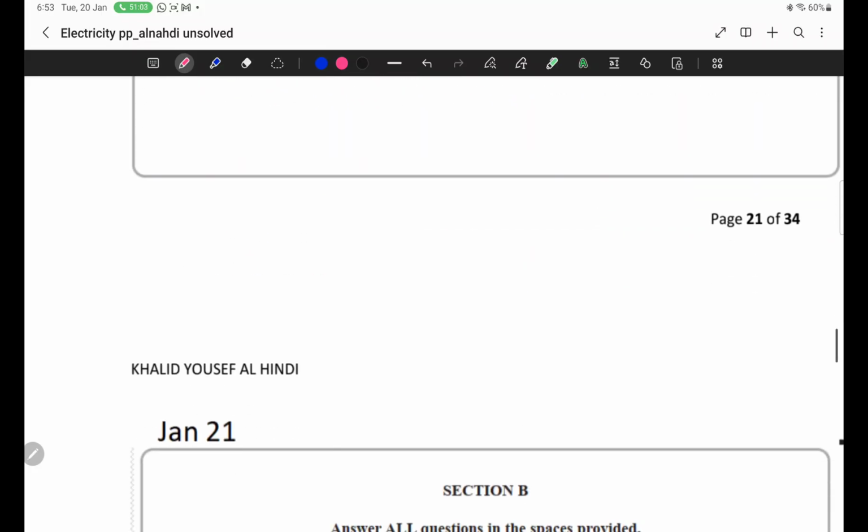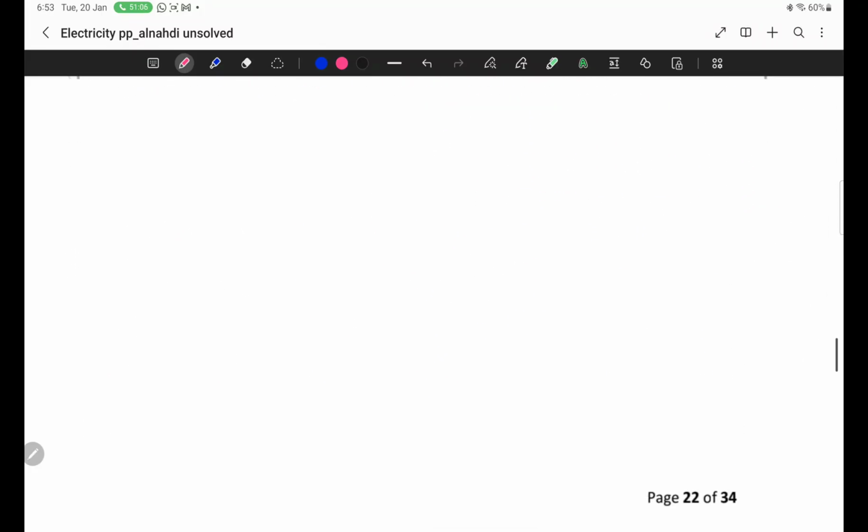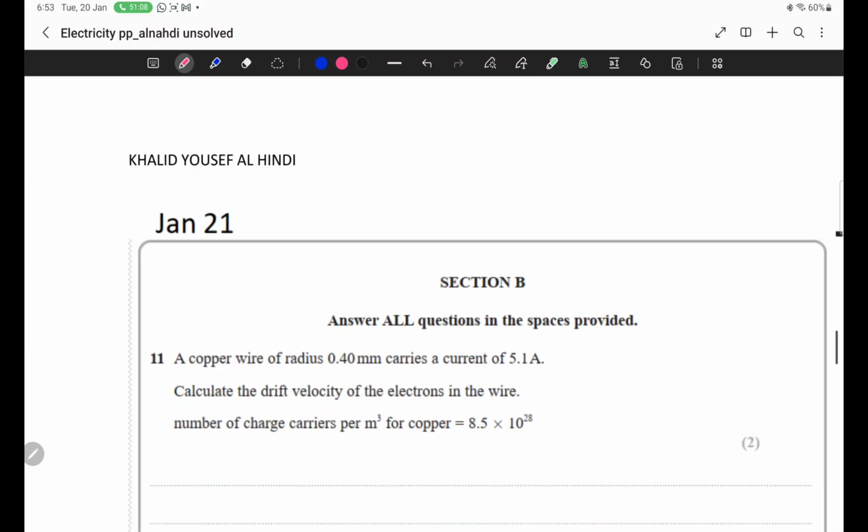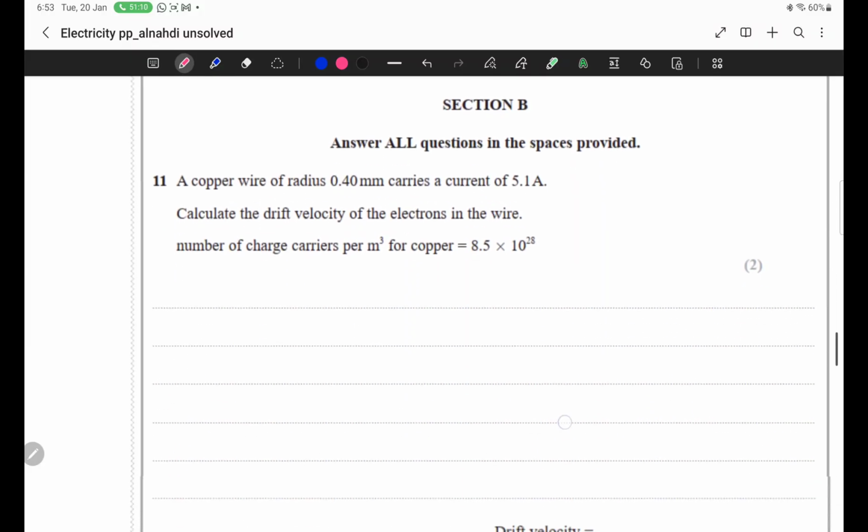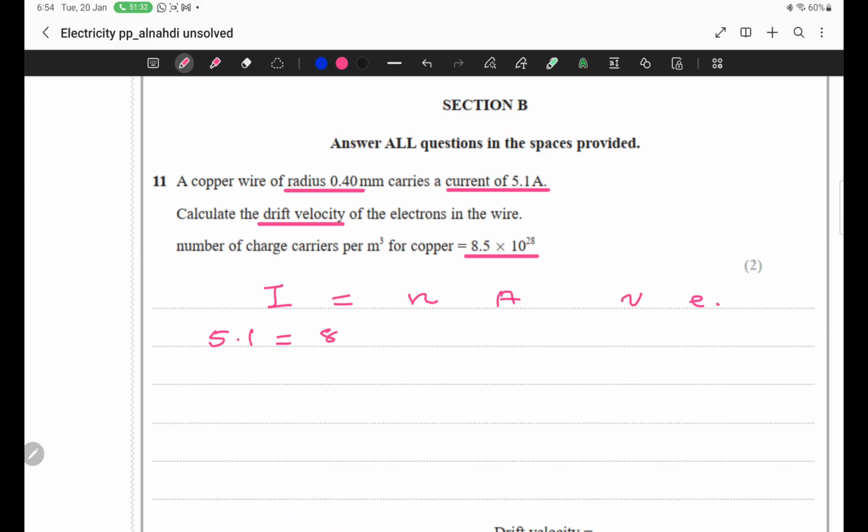Okay, this was page 19, and now page number 22. On this page, a copper wire radius is given, current given, number density given, and you have to calculate drift velocity. So I equals n A v e. Current is 5.1, number density 8.5 exponent 28.